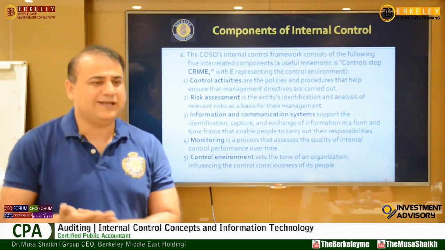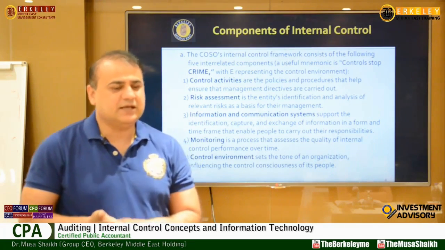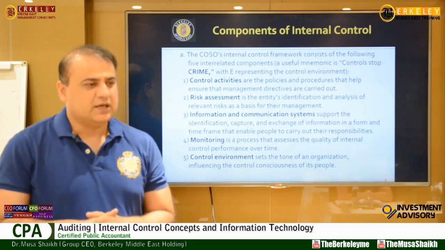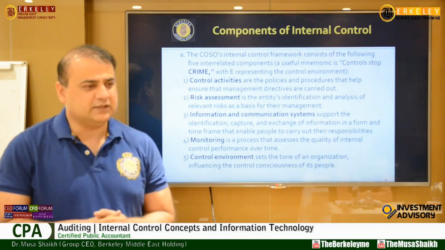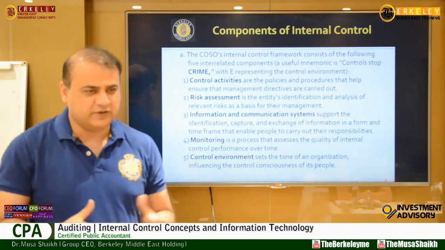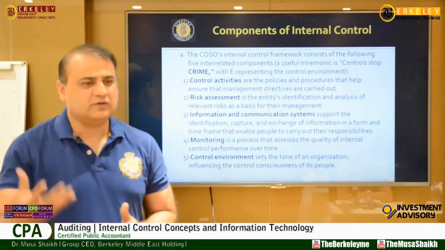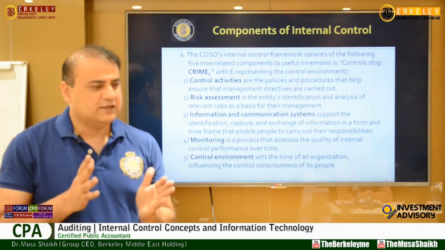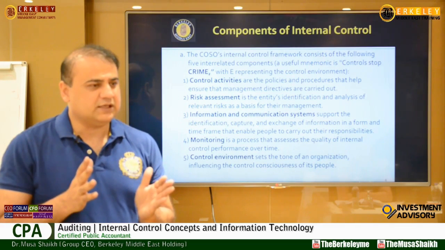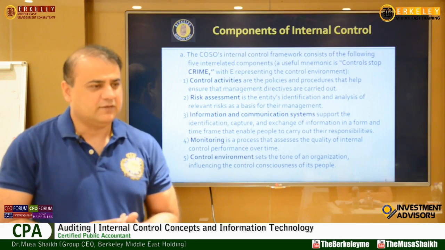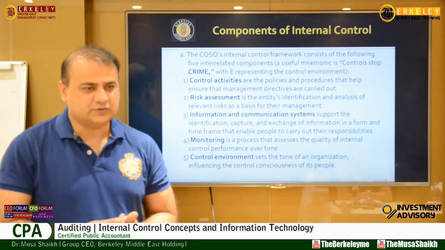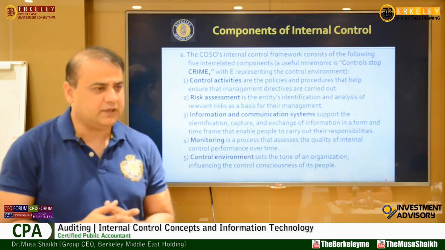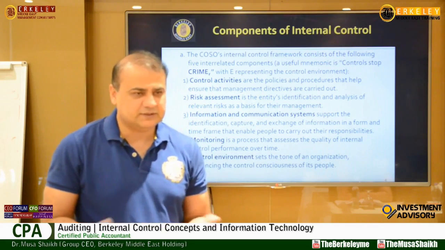If I ask a Canadian, he has the CICA model, the Canadian Institute of Chartered Accountants. In the same way, Britain has another code of controlling, and South Africa has another way. So a lot of countries have introduced frameworks in order to control the organization effectively. Because we are doing CPA, we will study the American style.